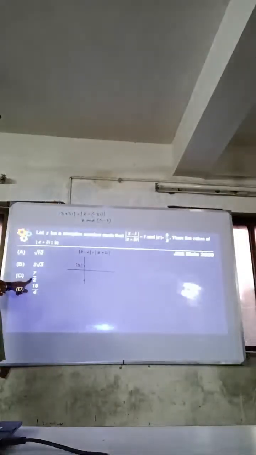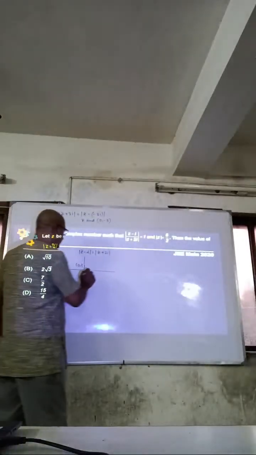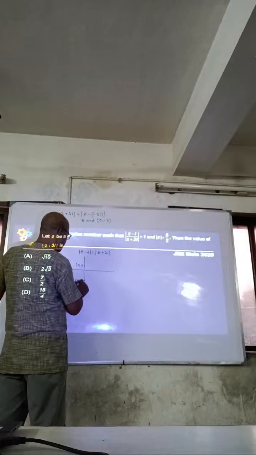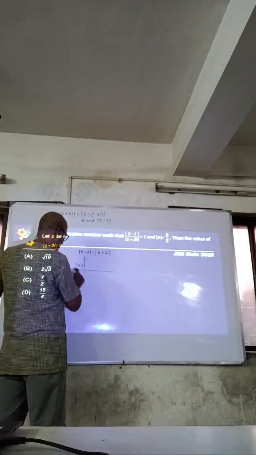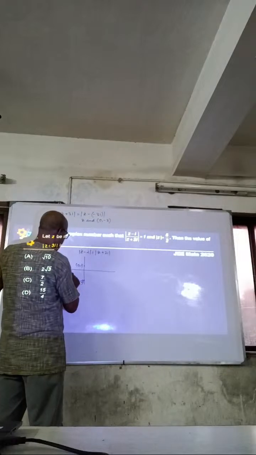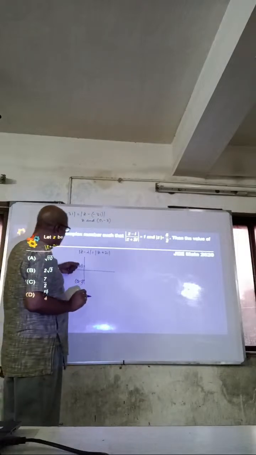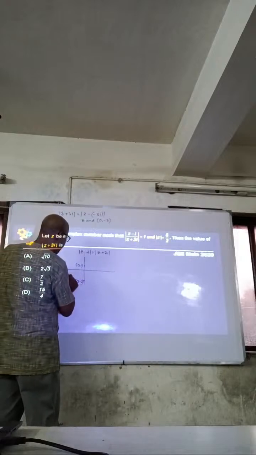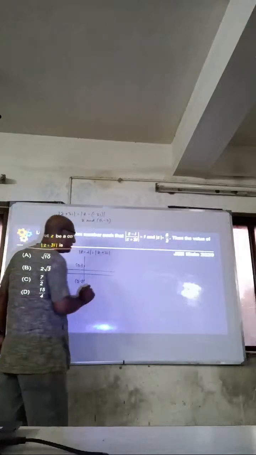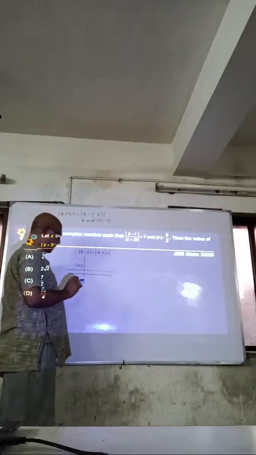So it means option C. So this is at 1 and this is at minus 2. So what will be the perpendicular bisector? 7 by 2? No, minus 1 by 2.